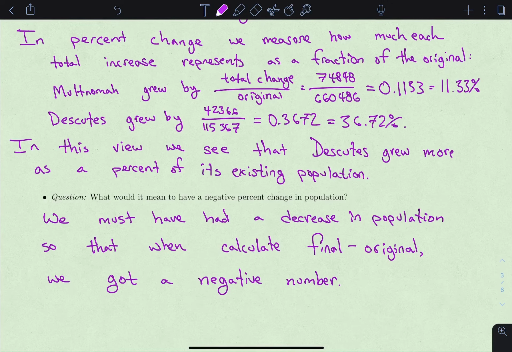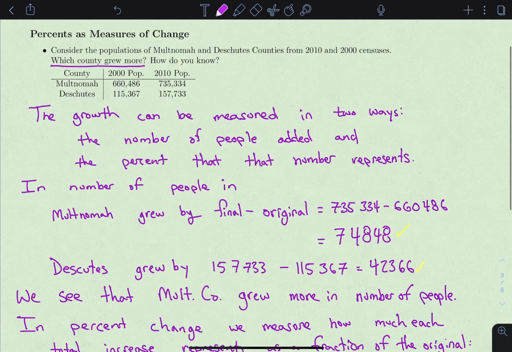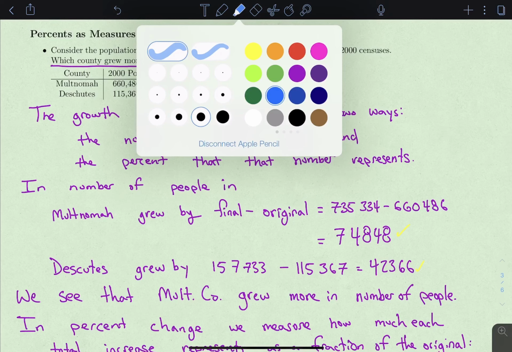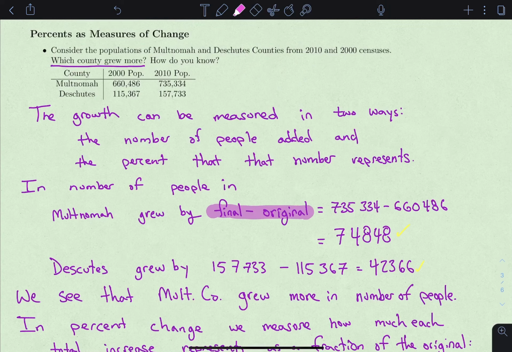But let's just recap what we did here. So we started out with a table where we have two different counties and their population is changing between 2000 and 2010. We calculate how big a change that was with this final minus original formula.